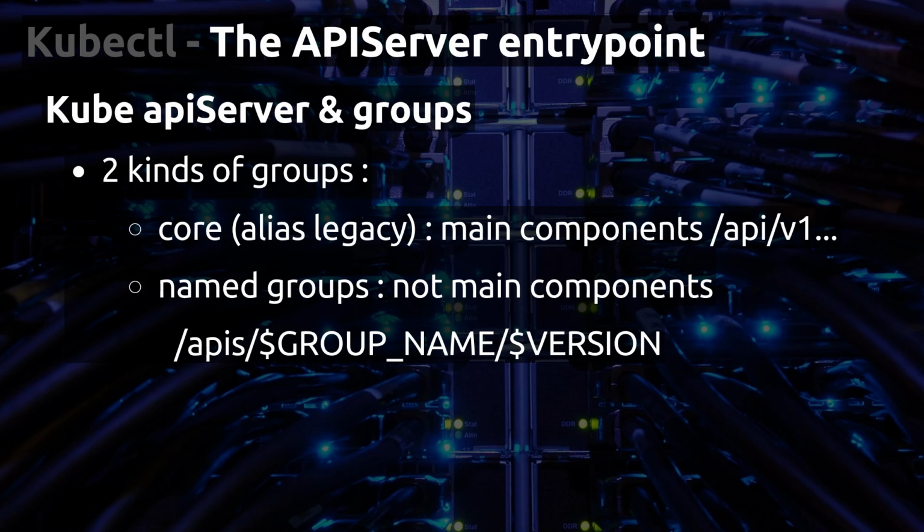For example, when you add an operator into the cluster, we'll see it later, you need to handle your own resources, and in this case you need to have your own group, so you create a named group dedicated to it. And of course it's a specific path in the API server: /apis with an S, the group name and the version.